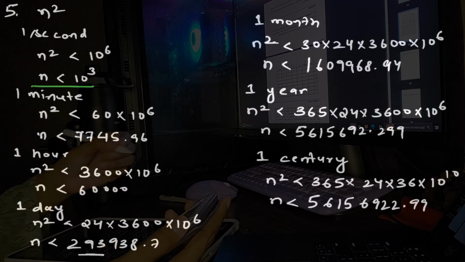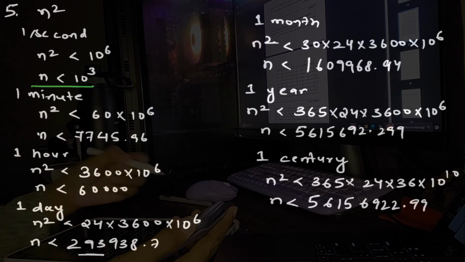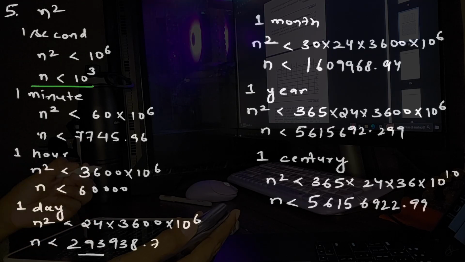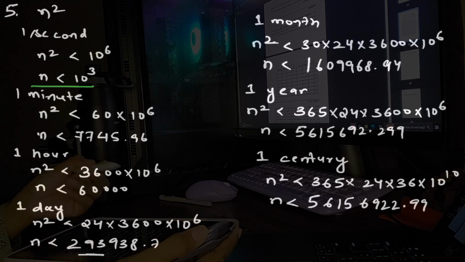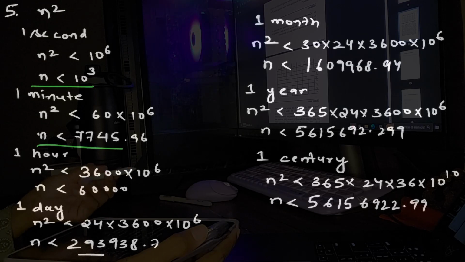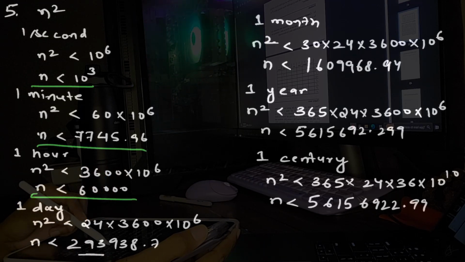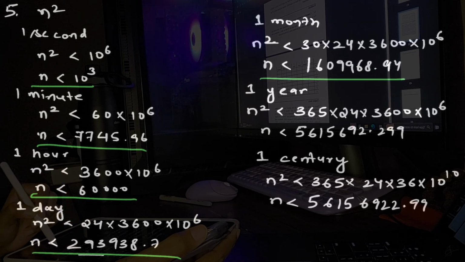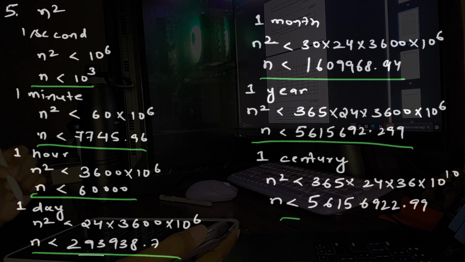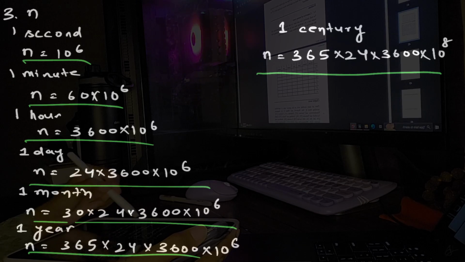So for n square, the size of the input goes up to 1000 for 1 second, and for 1 hour it will be 60,000, and so on for 1 day, 1 month, a year, and a century.